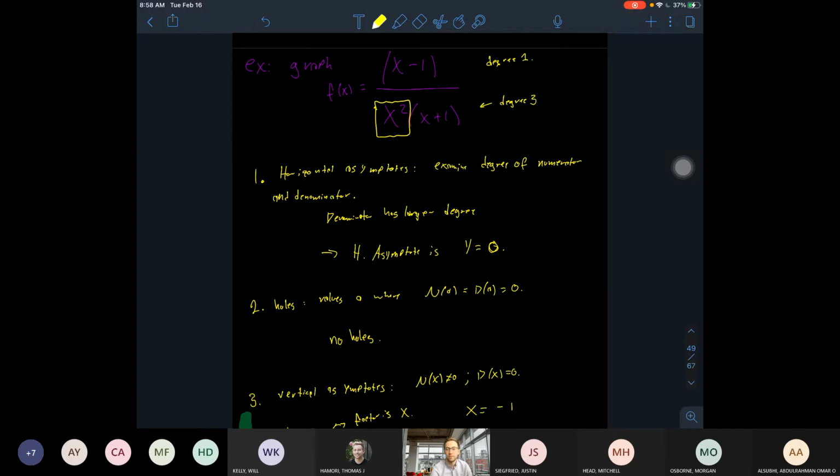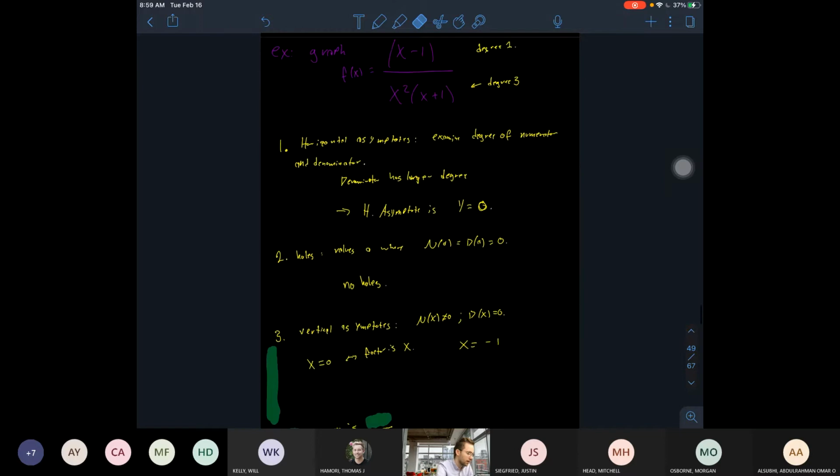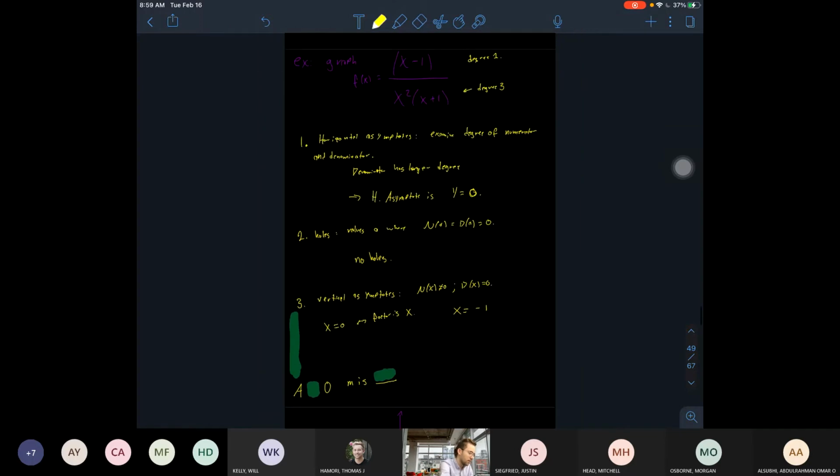It's just 2, right? You can think of this as x minus 0 to the power 2, but we don't need to write x minus 0 because x minus 0 is just x. So the multiplicity of this 0 is 2. Is the multiplicity even or odd? It's going to be even here.